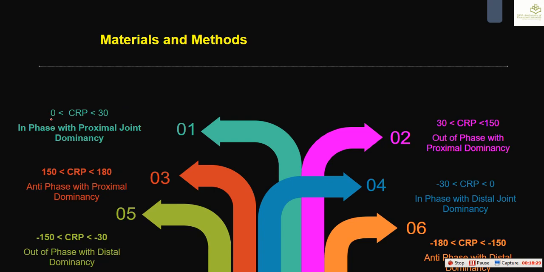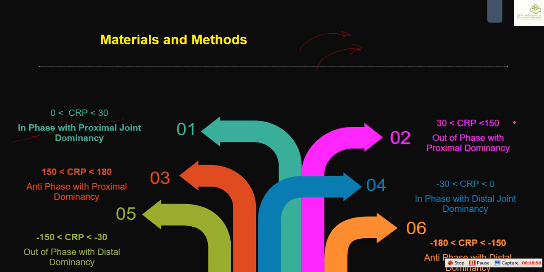For example, if the CRP is between 0 and 30 degrees, it means we have in phase with proximal joint dominancy. In phase means that two joints move in the same direction, for example, in the same clockwise or counterclockwise direction.